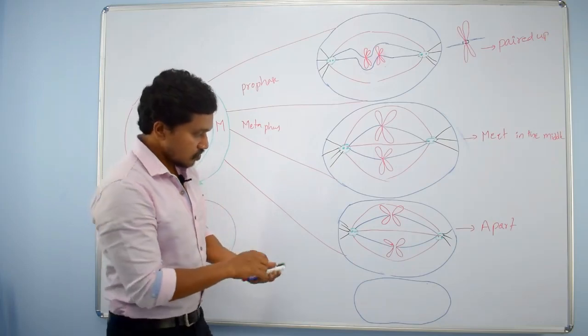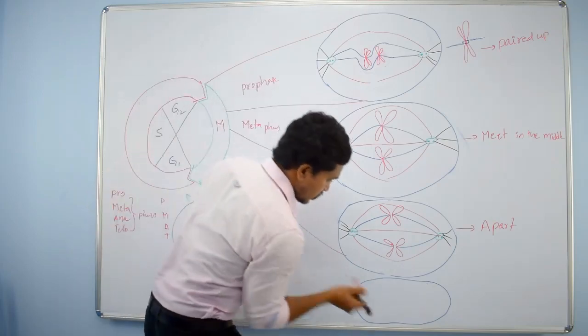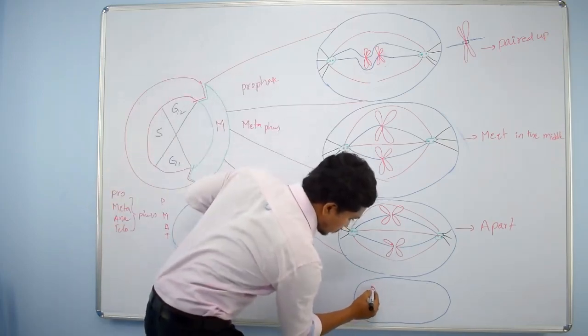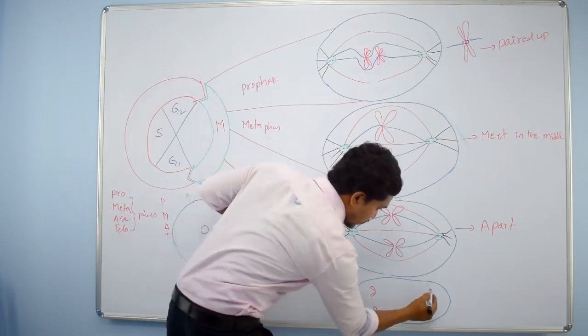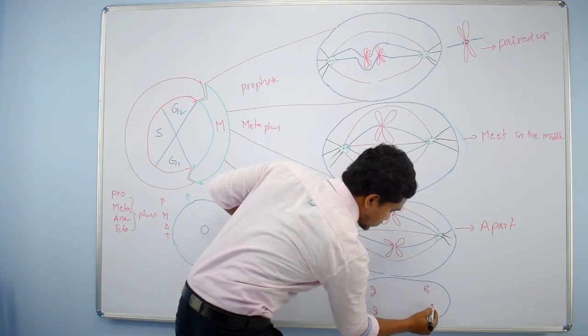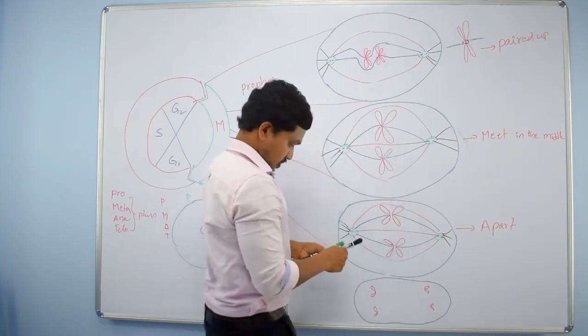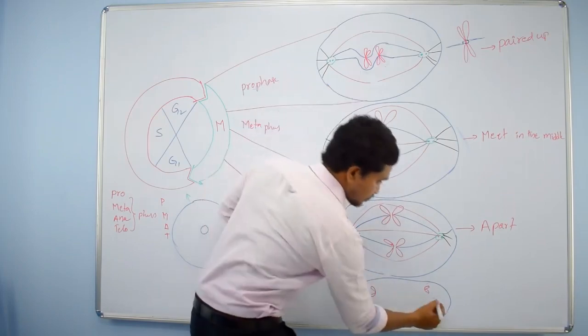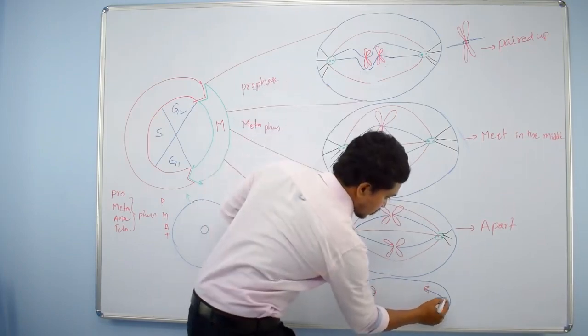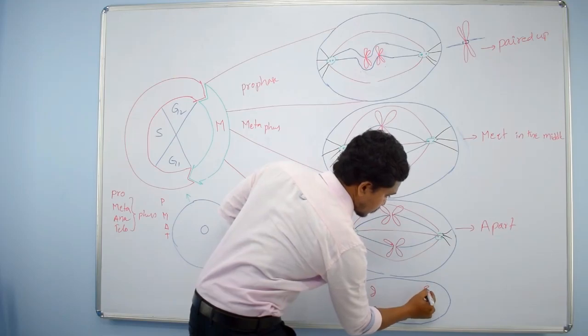Now half of the chromosomes reached here, remaining half reached here, with kinetochore microtubules I am drawing.